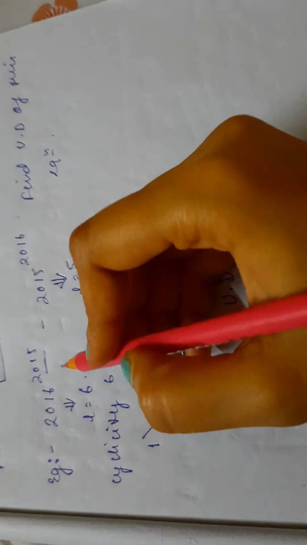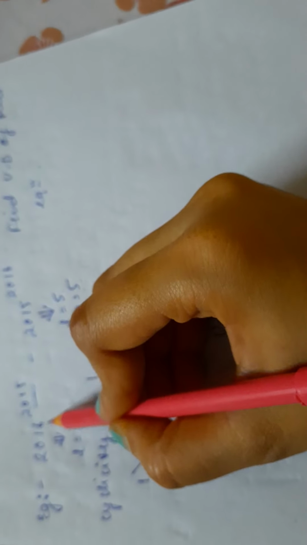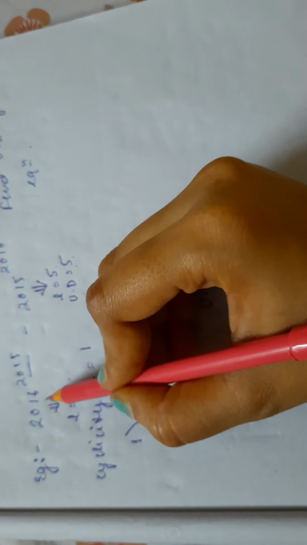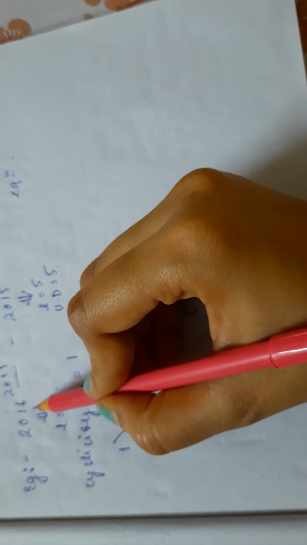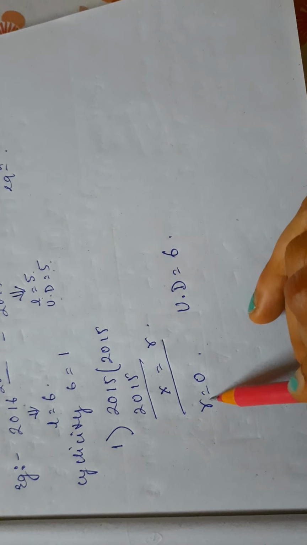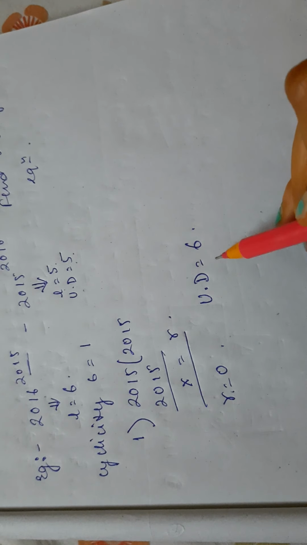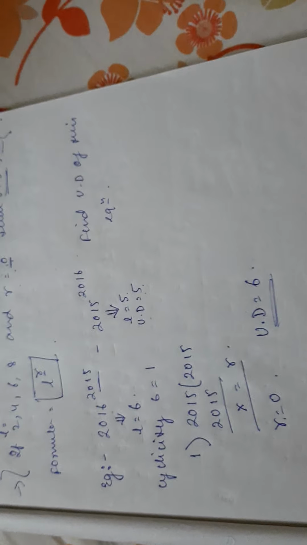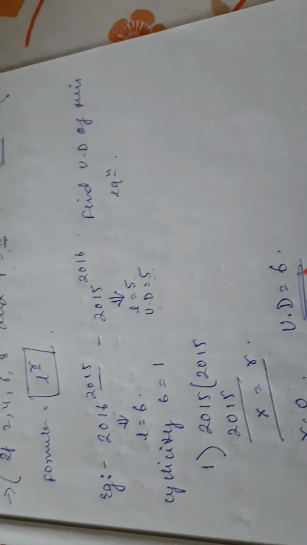So my unit digit here is 6 because my last digit is 6 and the remainder which I observed is R equal to 0. Okay, so we got it. My unit digit is 6.